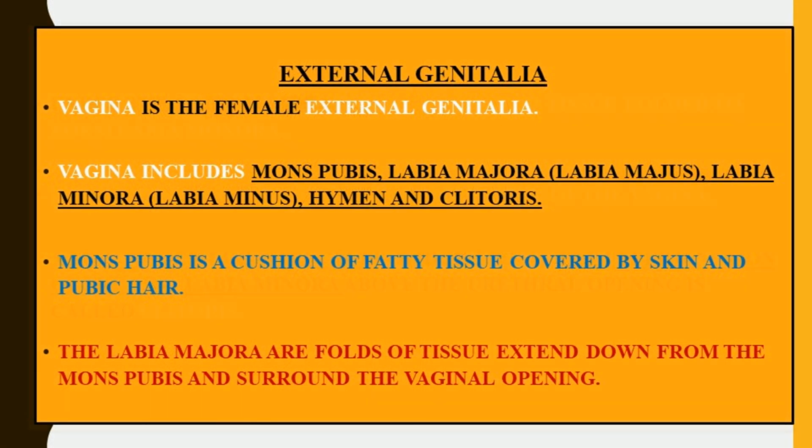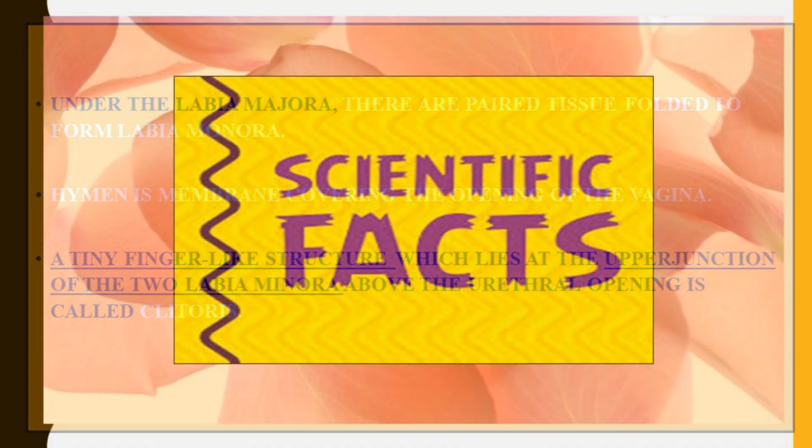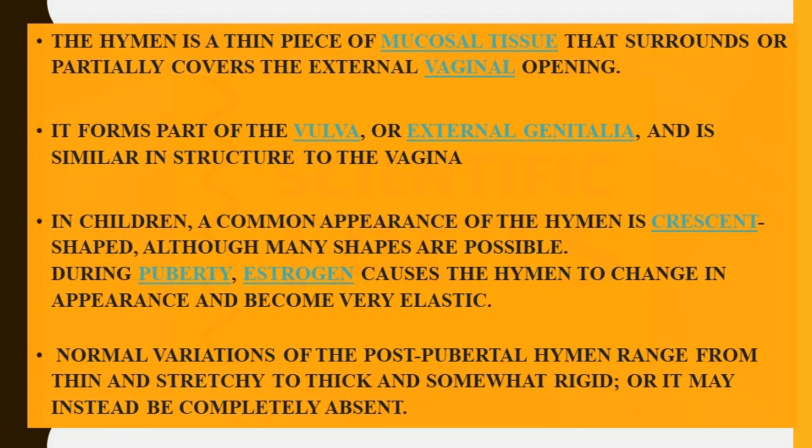Points explained are given in these slides. Just go through it. Now, let's know some scientific facts regarding the hymen. The hymen is a thin piece of mucosal tissue that surrounds or partially covers the external vaginal opening. It forms part of the vulva or external genitalia and is similar in structure to the vagina.